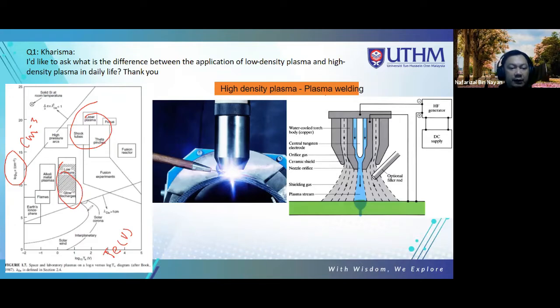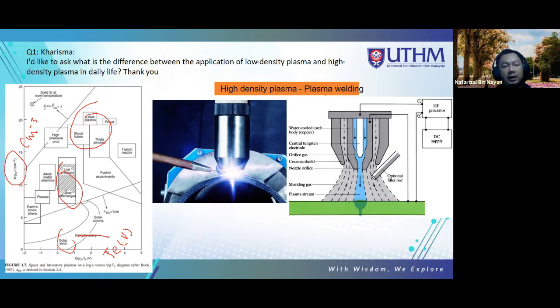And of course, we can also differentiate the plasma in terms of their temperature. We can see the solar wind and the aurora, for example, that we can see in the sky. That is a type of very low density plasma, and low temperature. Our fluorescent lamp at home is also a type of plasma, as I mentioned last time.